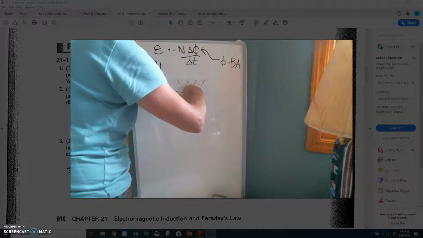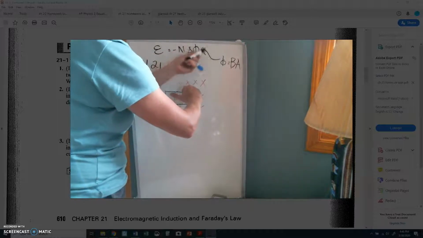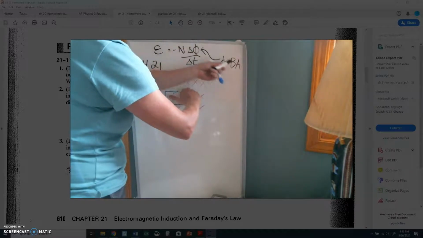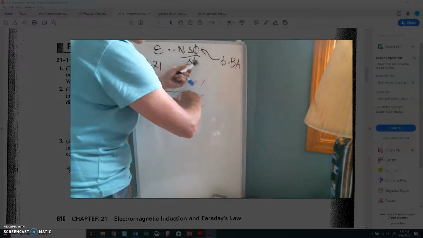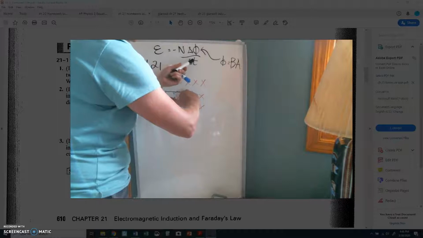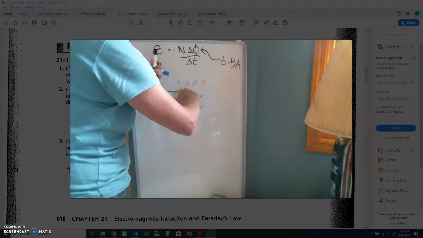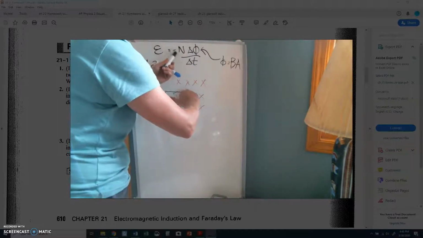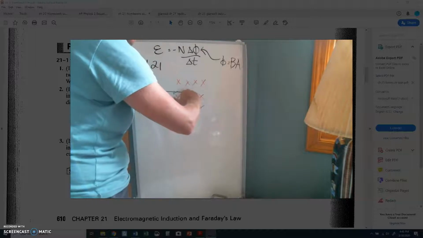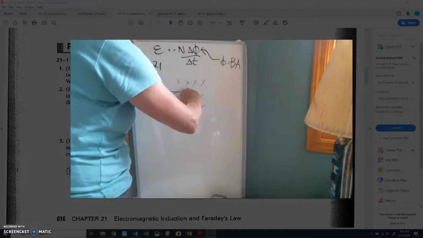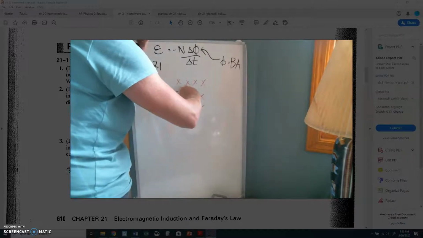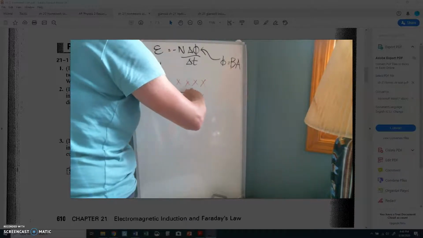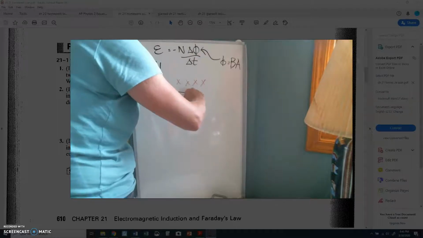So this is Faraday's law that says a change in flux, which is your field and your area, or the rate of change of your flux over a time interval, gives you an EMF. Now, this negative sign tells you the direction. Lenz's law says the field that's created is going to be offset by a current that creates another field.